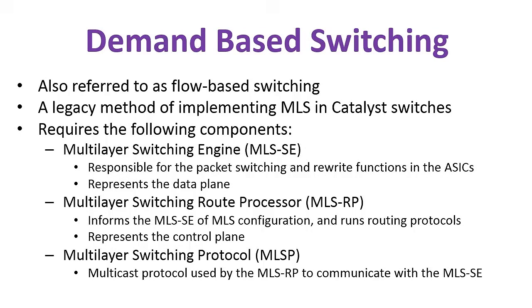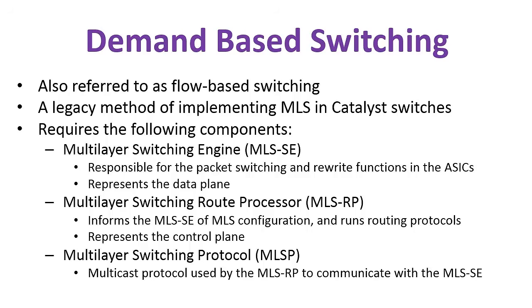Next, let's understand this concept of demand-based switching. This is also referred to as flow-based switching. It's a legacy method of implementing multi-layer switching in Catalyst switches. It requires the following components: the multi-layer switching engine, which is responsible for the packet switching and rewrite functions in the ASICs. This represents the data plane, as you've heard about before.